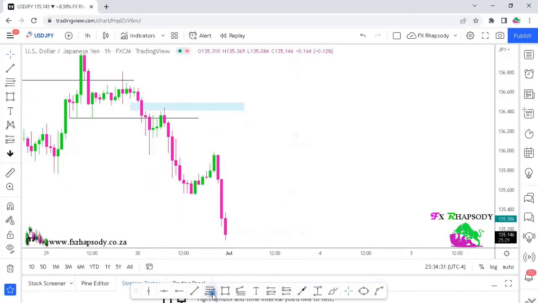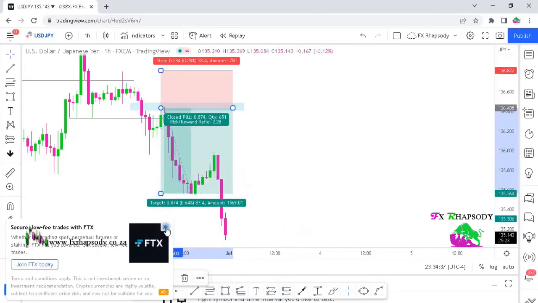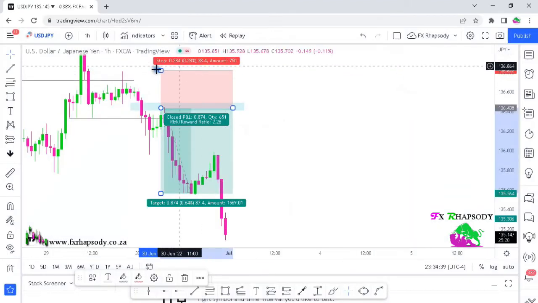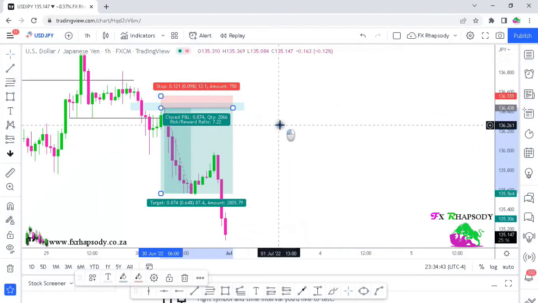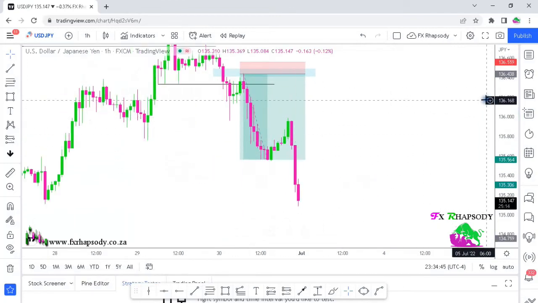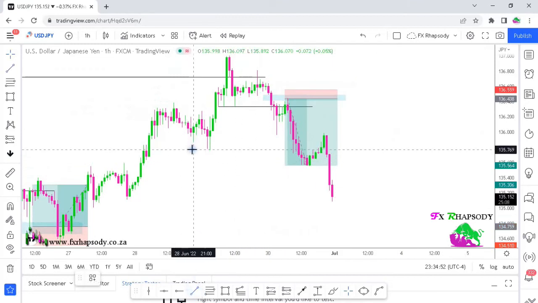And currently, if you are in a sell and you did catch this, your risk is going to be very small. You'll have a 12 pip risk. And now, where do you take your profits? You look at your previous lows and all these areas where price is hunting liquidity.